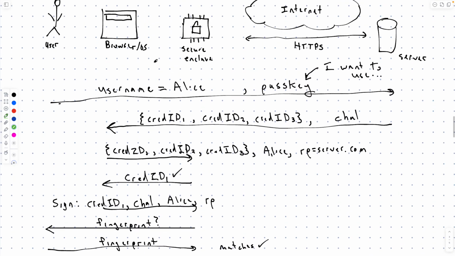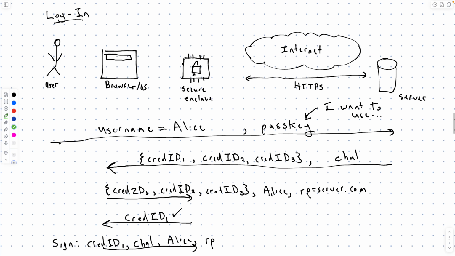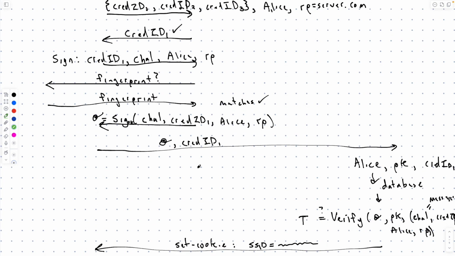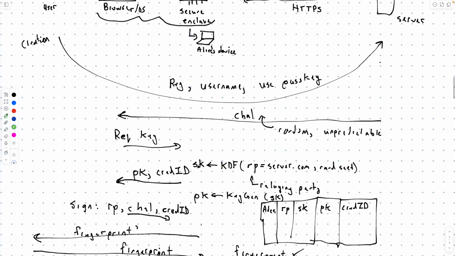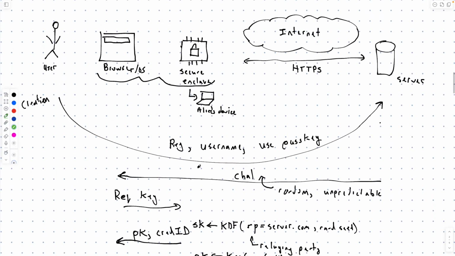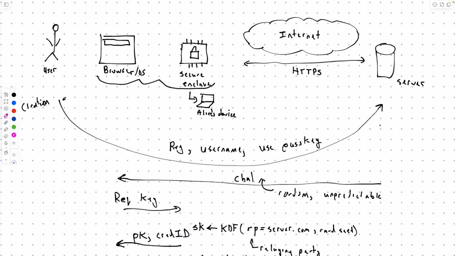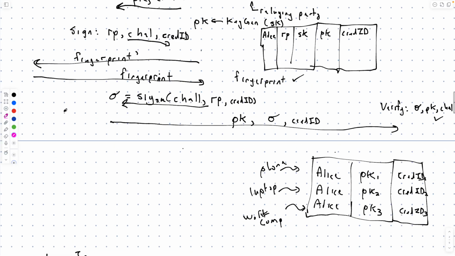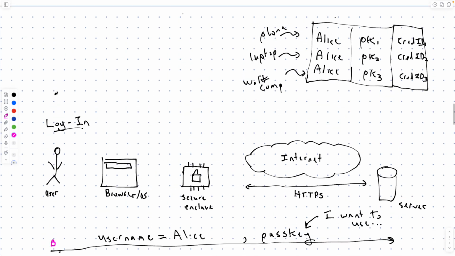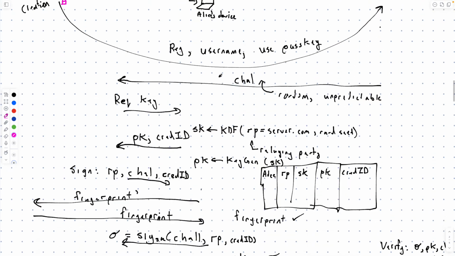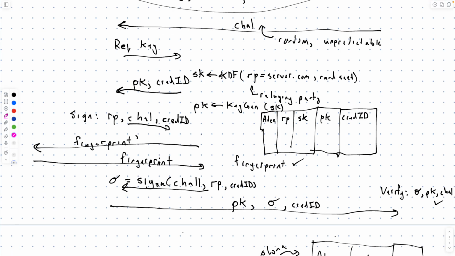Okay, so if I steal the private key from the enclave somehow, what I can do is log in as you anytime I want. So I'll go to the website and I'll log in. All of this traffic, I think I noted it, but maybe I didn't, so I'll note it here again. All of this traffic we assume is over HTTPS. These keys have nothing to do with the HTTPS keys themselves.